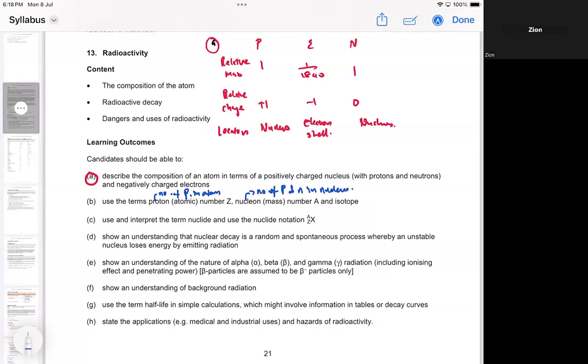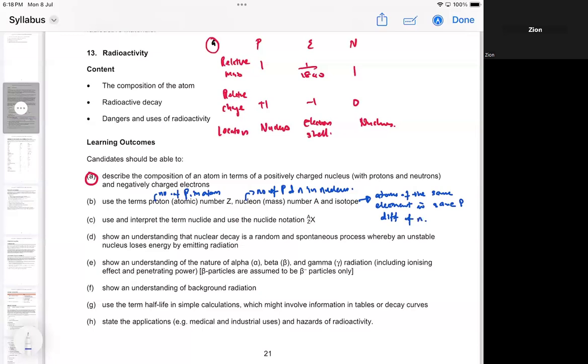And isotopes, like in chemistry, we say they are technically atoms of the same elements with same number of protons but different number of neutrons.